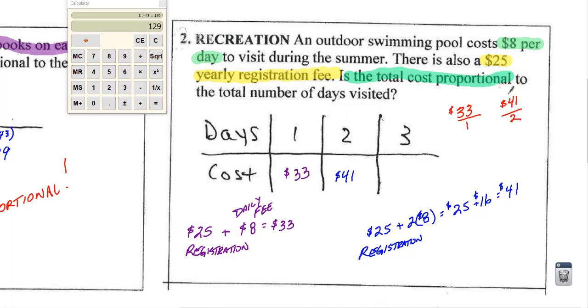If it was going to be proportional, it'd be $33 for one day, $66 for 2 days, $99 for 3 days. But it's not, because you have that fee. It is not a proportional relationship. So no, not proportional.